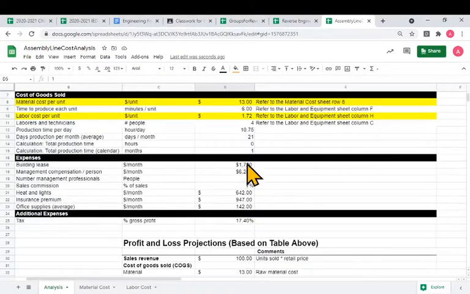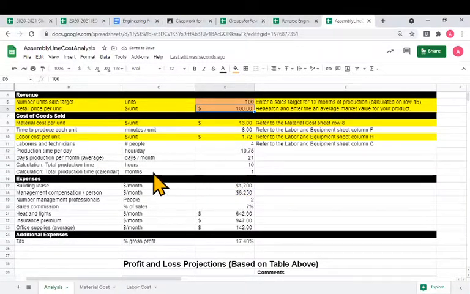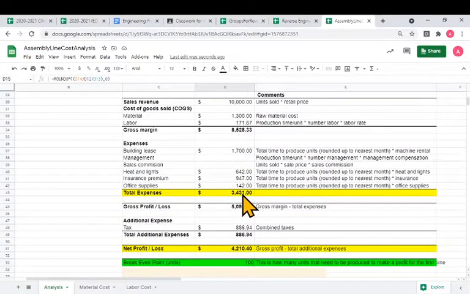So for instance, if I change the quantity here to like 100 that we're producing, it's still going to be underneath a month, right? Production time, calendar, it's rounding up to a month, one right here. But that cost is the same, $3,431, because it's fixed, okay?